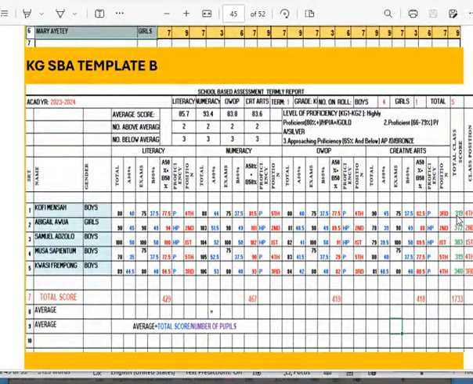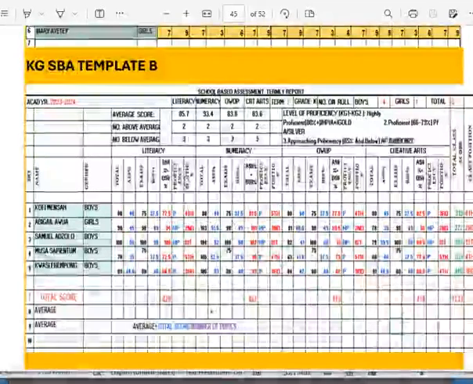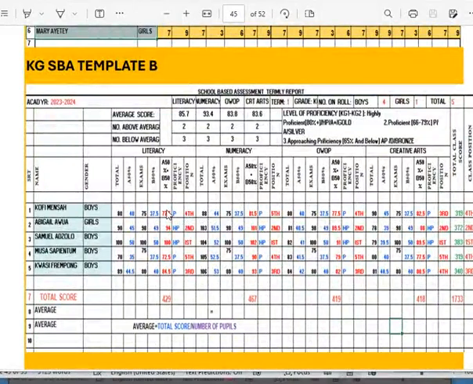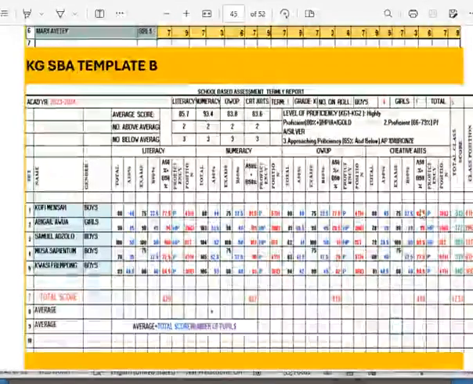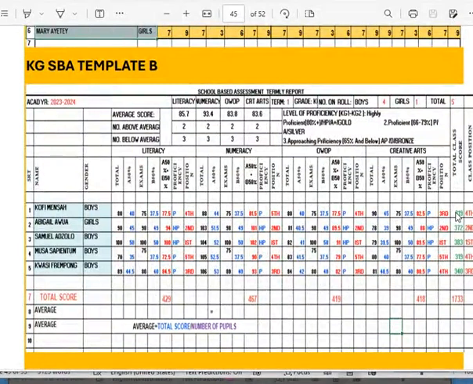How was 319 obtained? It was obtained by adding literacy, that's A plus B column here, then numeracy A plus B, then OWOP here, then creative arts here, to get 319. So that gives us the total class score for each of the individuals and the class position as well.